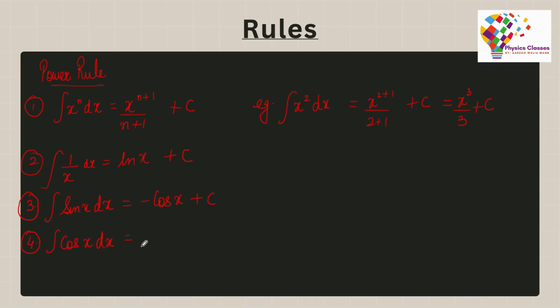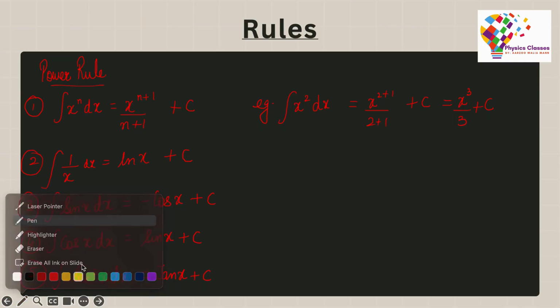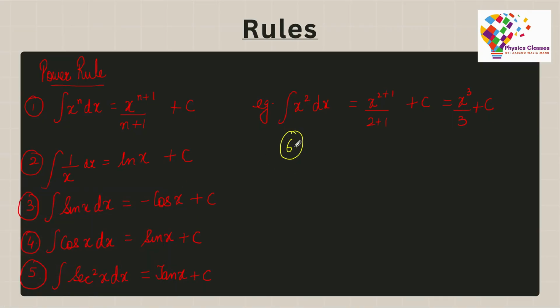And then if I want to integrate tan x secant x dx, then that would give me secant x plus c.